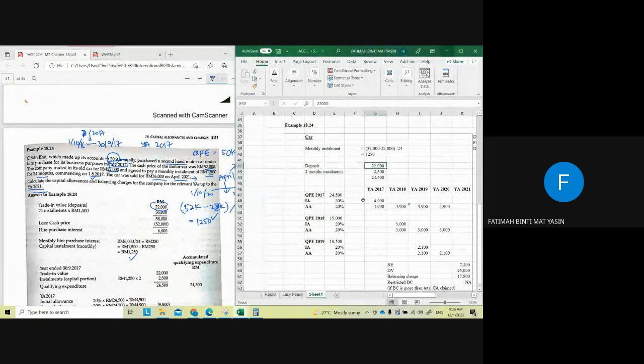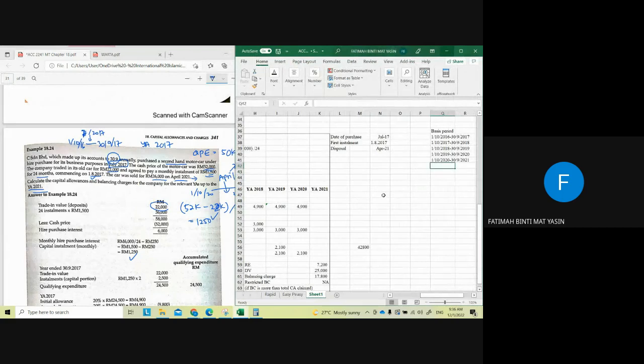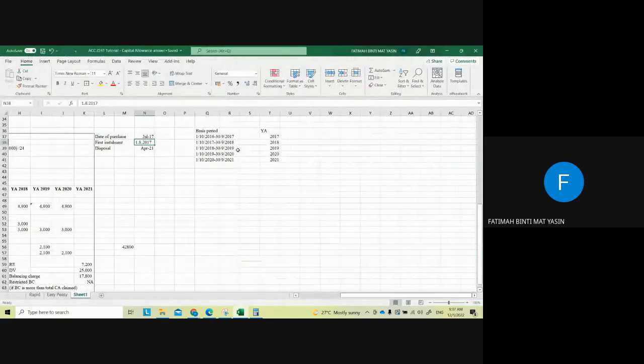The company paid the first installment on 1st August 2017. The basis period for 2017 is 1st October 2016 up to 30th September 2017. So the company made the first installment in August, then closed its account on 30th September. This means that for 2017, the company only made 2 installments.